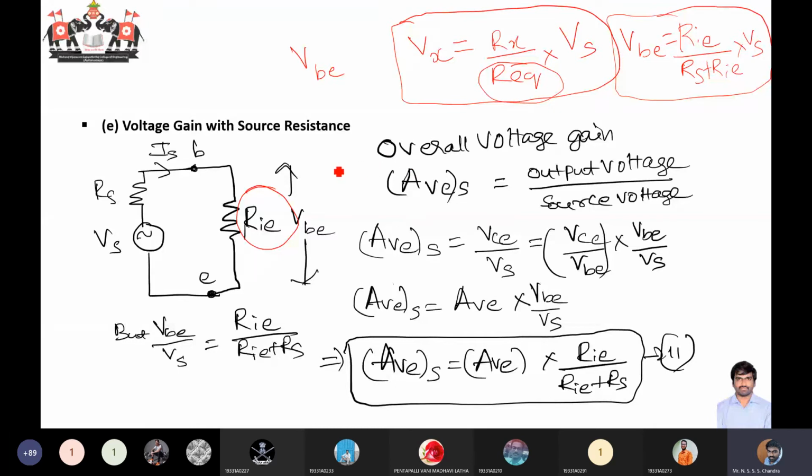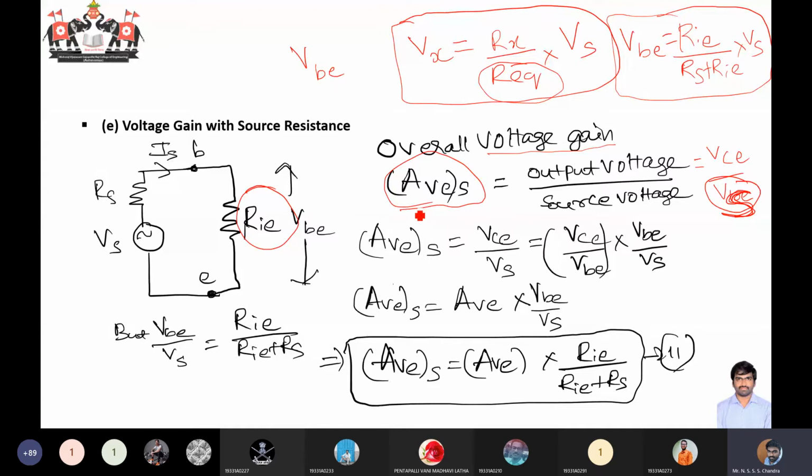Now your overall voltage gain will be equal to, earlier we have written that voltage gain is equal to output voltage by input voltage, where we have written VCE by VBE. Now what we are replacing is, in place of input voltage VBE, we will be writing Vs. So it's a ratio of VCE by Vs, then it will be AVS.